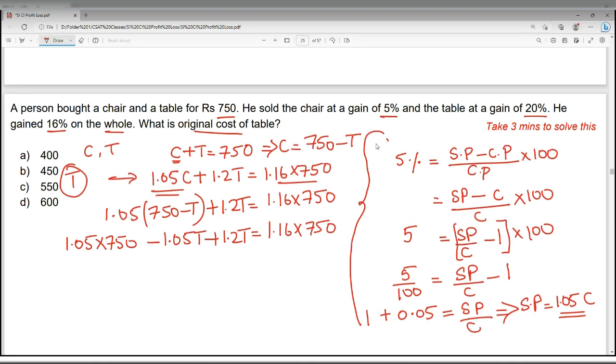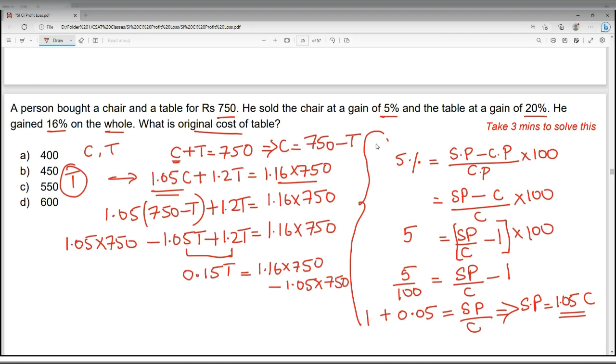Now from these two, this would be 0.15T, which is equal to 1.16 into 750 minus, I'd bring this term to the right hand side, 1.05 into 750.